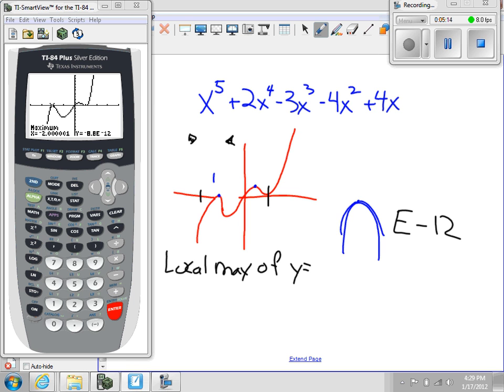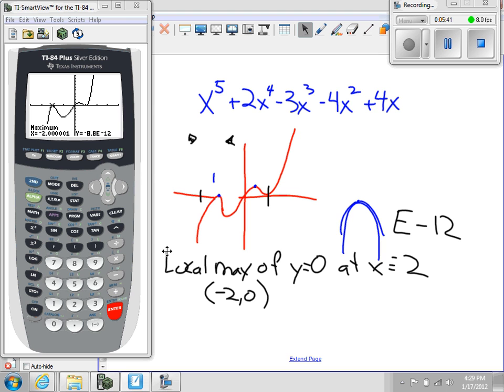So I have a local maximum of y equals 0 at x equals negative 2. Again, that's a little bit of a rounding thing. I can write it like that, or I could just put the point in: the point (-2, 0). That is one local maximum.